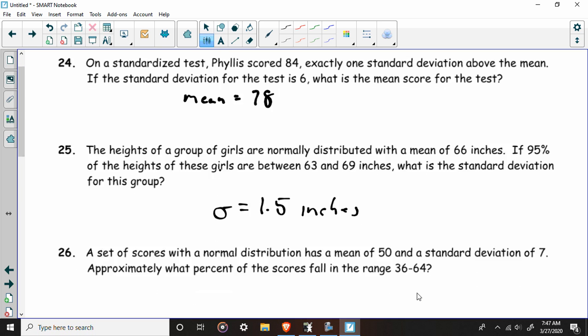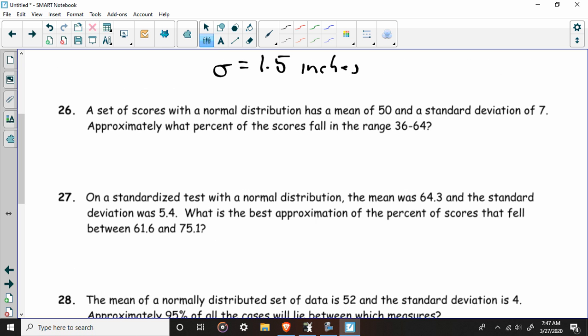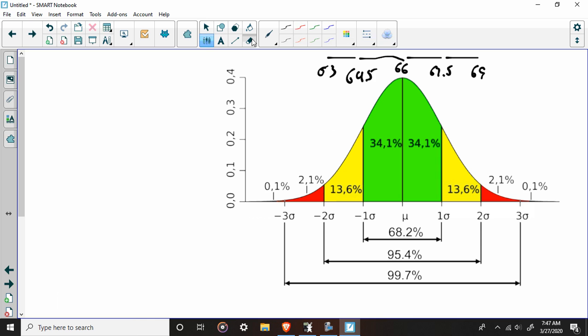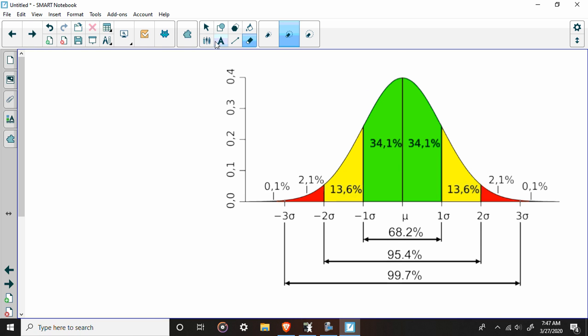Okay. A set of scores with a normal distribution has a mean of 50 and a standard deviation of 7. Approximately what percent of these scores fall from 36 to 64? So your mean is going to be 50 and your standard deviation is 7.